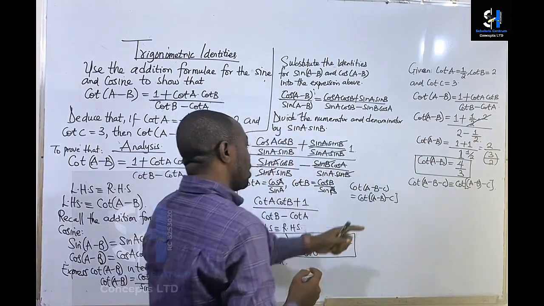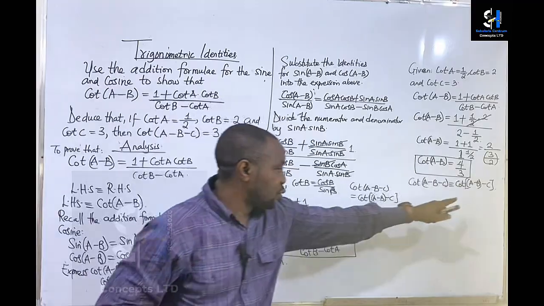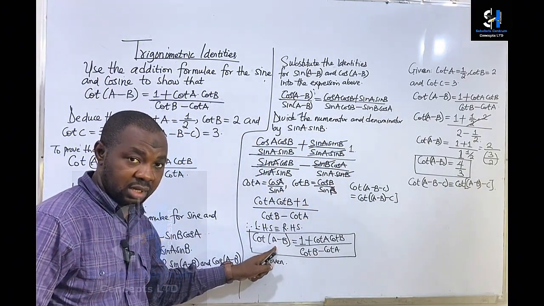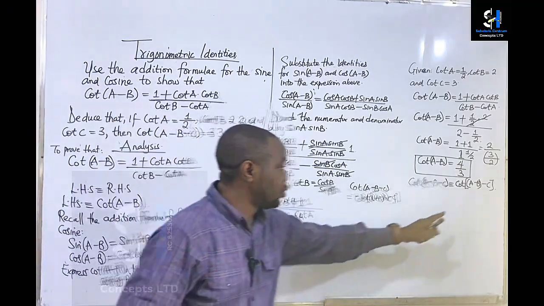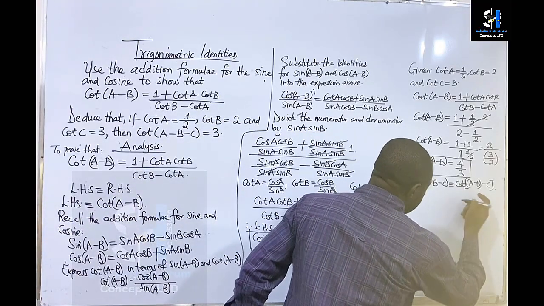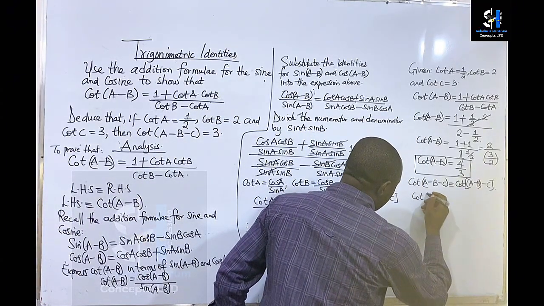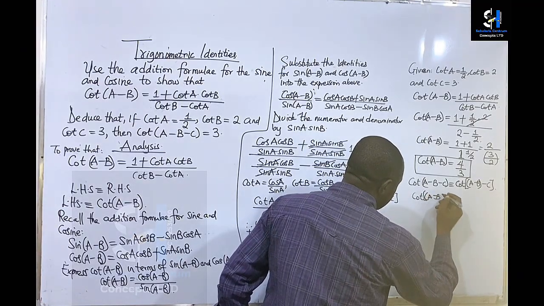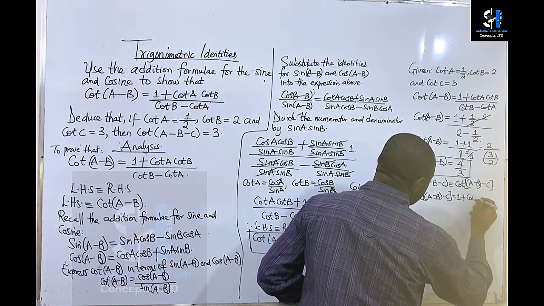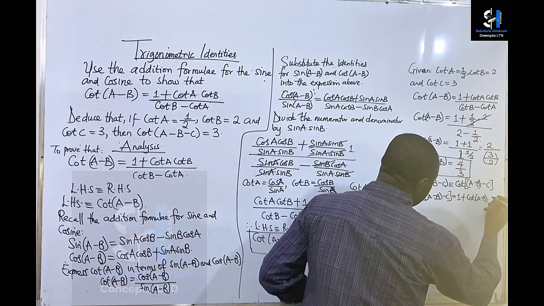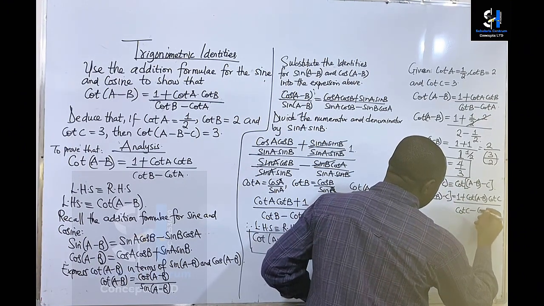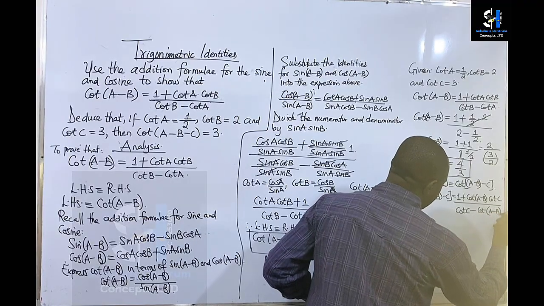We are going to treat A minus B as A, just like in the identity we proved, and treat C as B. So if I want to write the identity for this, cot(A minus B minus C) will be 1 plus cot(A minus B) multiplied by cot C over cot C minus cot(A minus B).